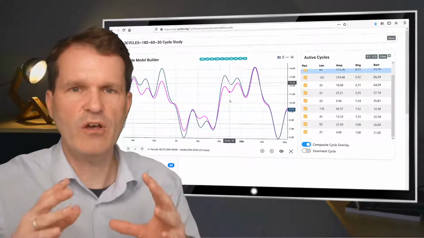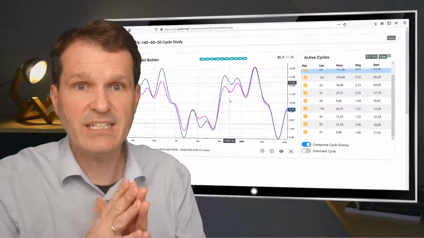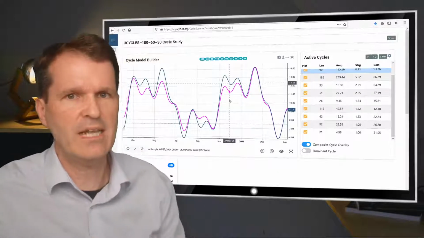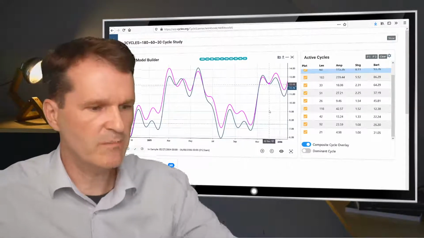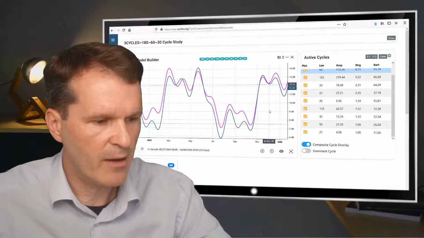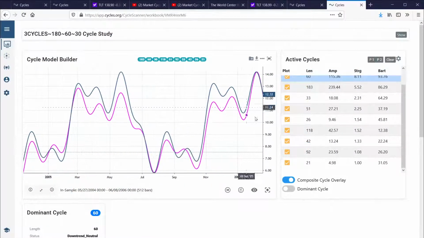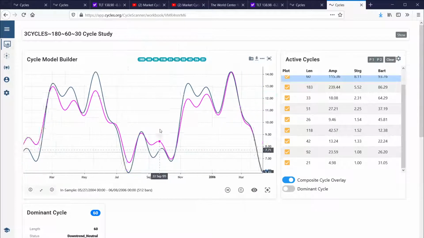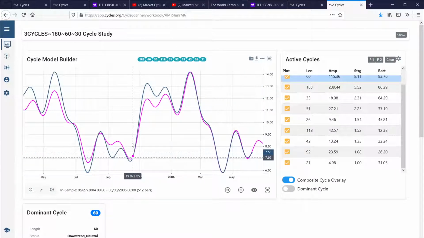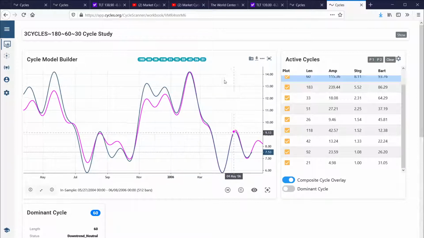Even though I had not activated the false cycles in this analysis, you will see based on the shape that it doesn't matter for what we are looking for. Now all the false cycles have been added, but you see that the main turning points between the real data, the blue one, and the pinkish one are still the same.